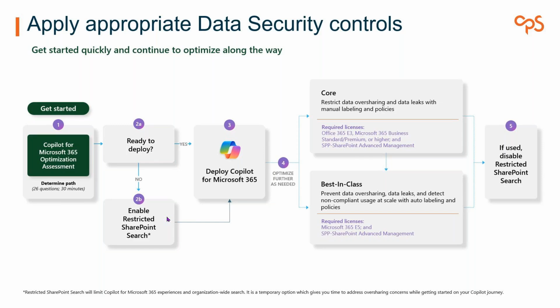So when a user asks Copilot to find something, it's only looking at a specific number of SharePoint sites. This is off by default. You have to enable it, but when you enable it, you can add up to 100 sites as the only sites that someone can look at.